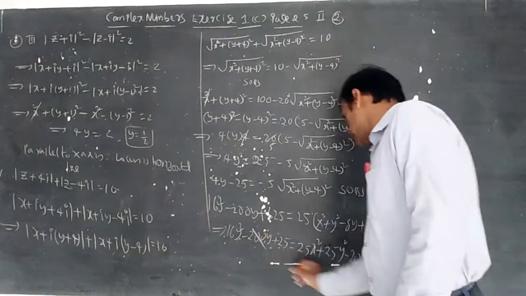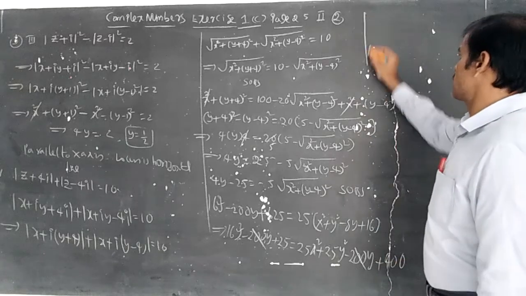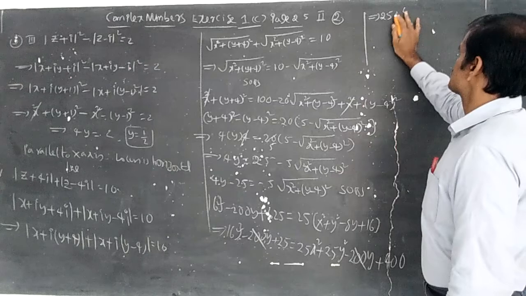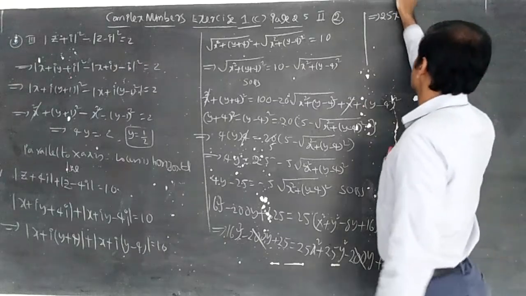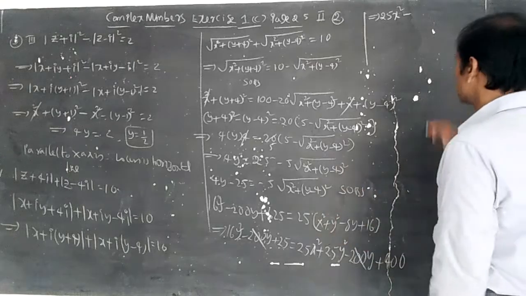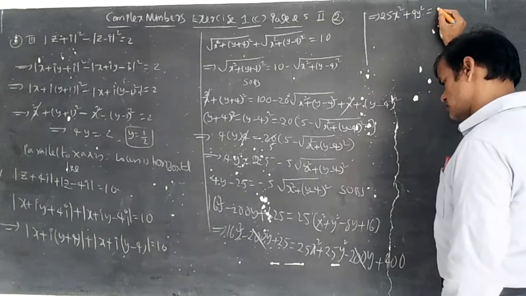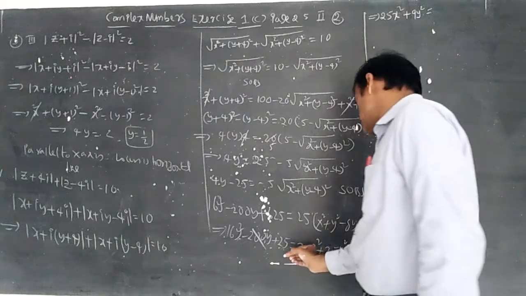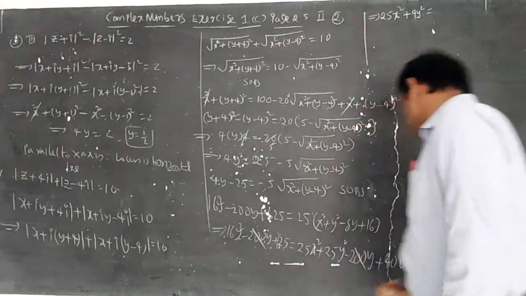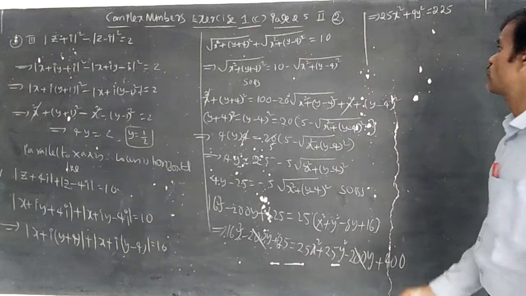Here minus 200y gets cancelled. 25x square plus 9y square is equal to 625 minus 400, which gives 225.